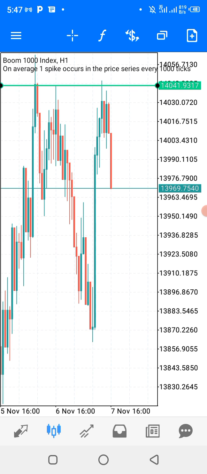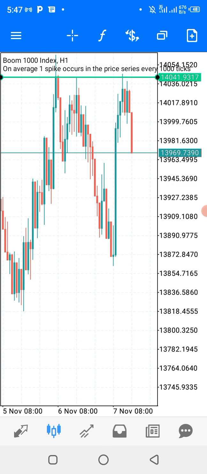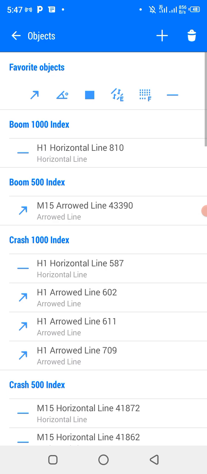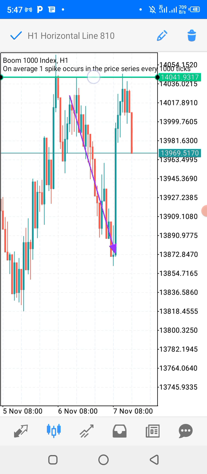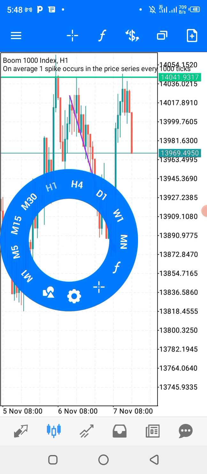It sold from here all the way down to here, and it couldn't continue selling. It reverses to retest the support. This line here is a support.